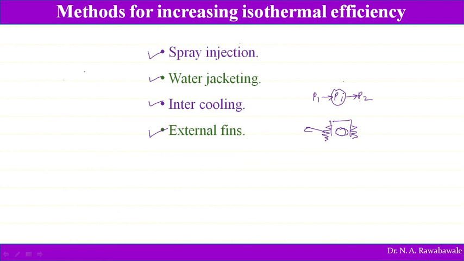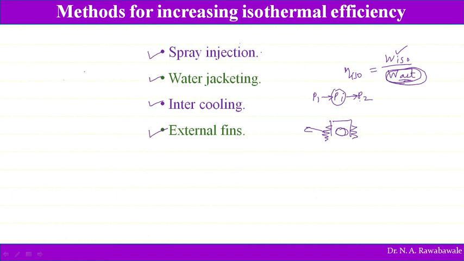That is, we cannot achieve isothermal work, but actual work is reduced. So if we reduce the actual work required for compression, then isothermal efficiency is going to improve. Isothermal work is always going to be constant, so the denominator is reduced, and by reducing the denominator, isothermal efficiency is improved. So how to reduce the denominator: these are the methods.